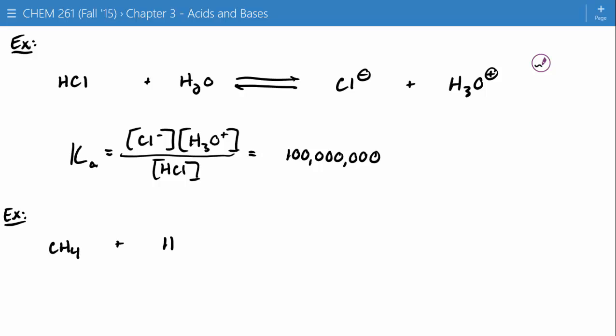Let's take methane plus water. And again, we'll consider methane to act like our acid in this case. So if methane loses a proton, it's going to be CH3 with a lone pair and a formal negative charge. And then we've got our hydronium ion.